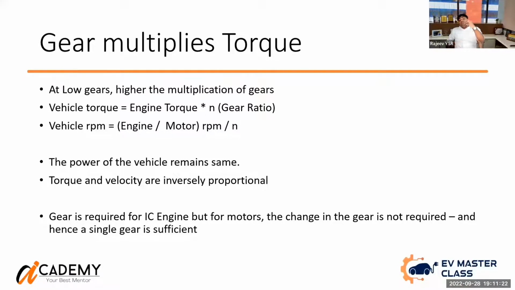When you have to increase the speed of the vehicle at the same 2000 RPM, you need more revolutions at your wheel compared to the engine. So if you want to achieve higher speeds, you need gear multiplication.